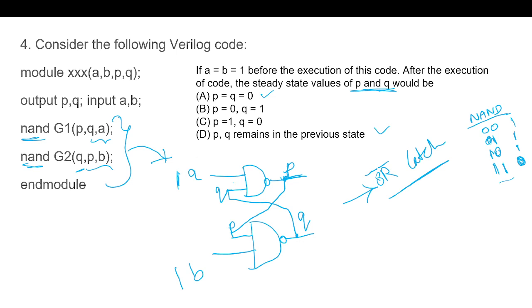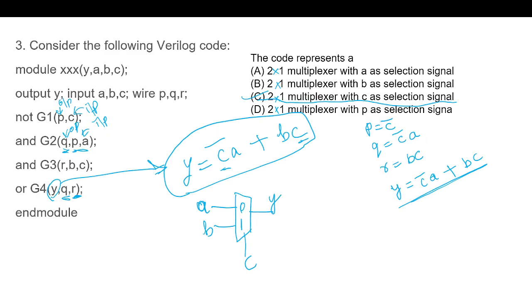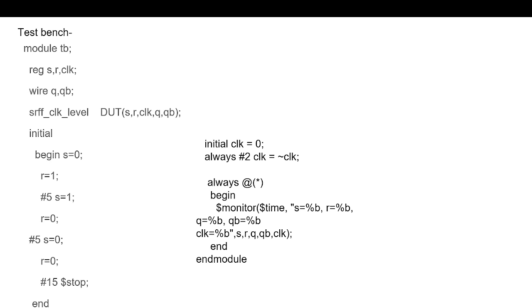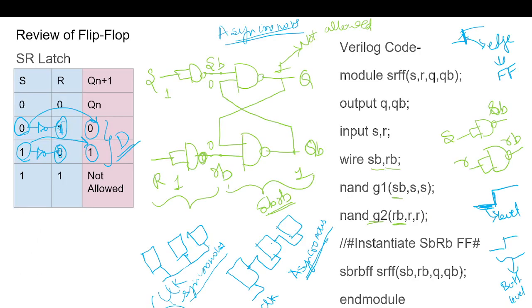Ma'am, how can you say that it is an S bar R bar latch? Is there any difference between S bar R bar and SR latch? It's just one convention. For S and R, you will have the complement version applied to this SR latch.